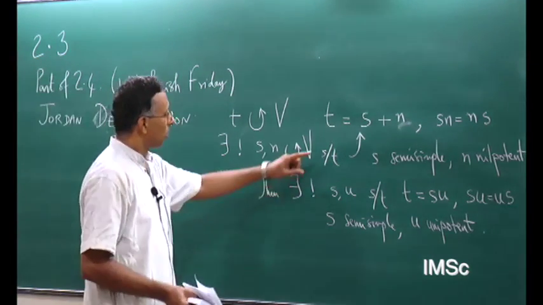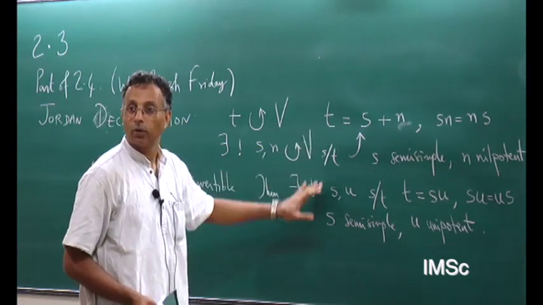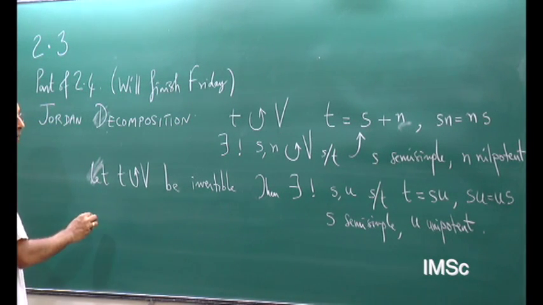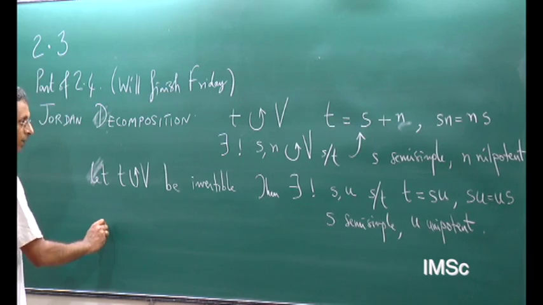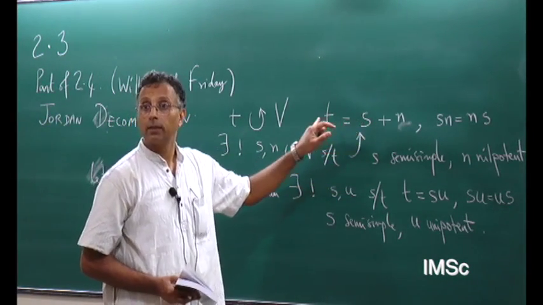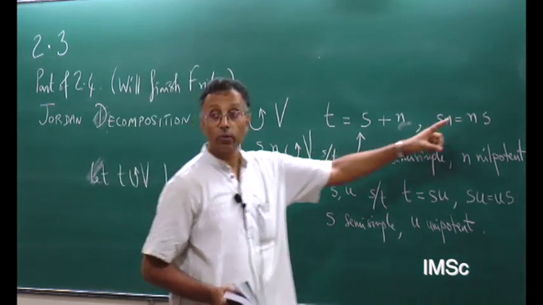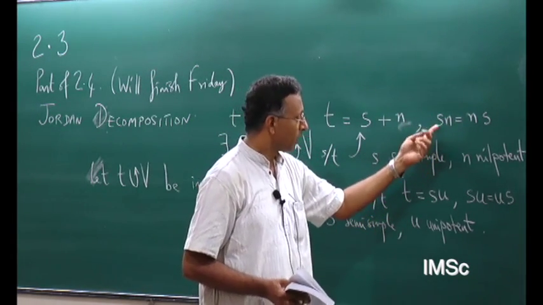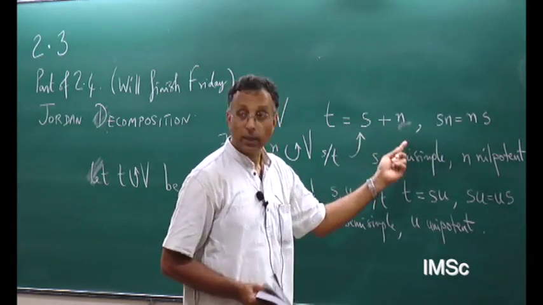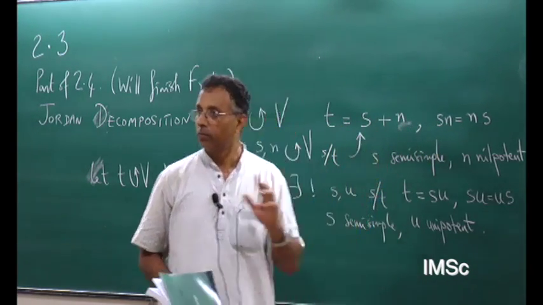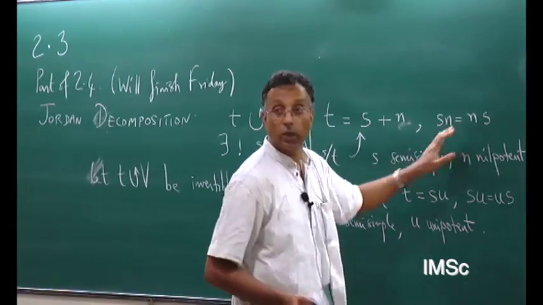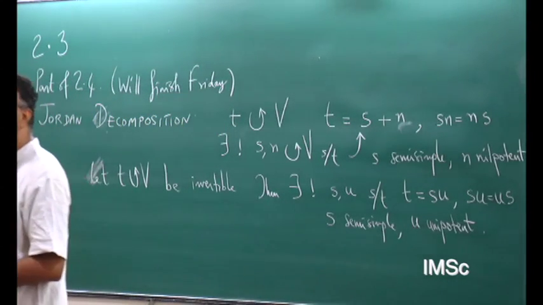Now there are further details, that S and N can be written as polynomials in T. Not only do they commute with each other, S commutes of course with S, and T is equal to S plus N, so S commutes with T. That's obvious, because from these two it's obvious that S and N both commute with T.